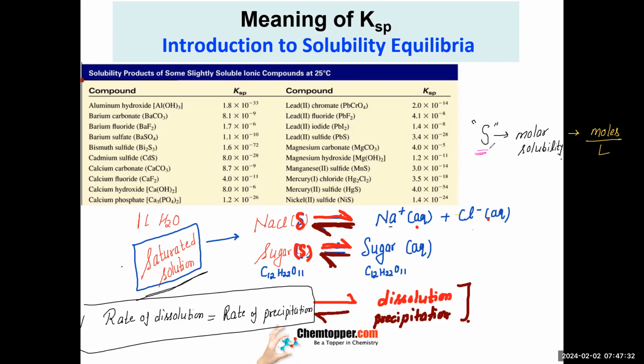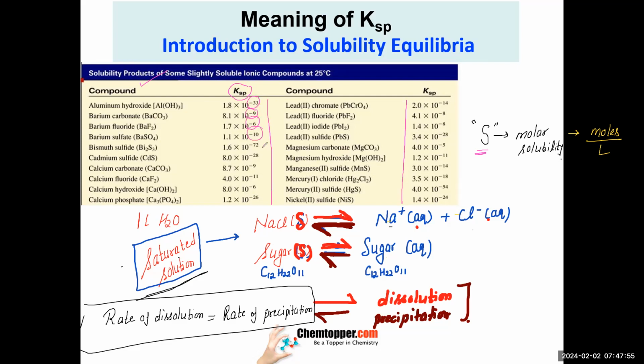But here we are doing mathematics. We are understanding the equilibrium. All of them are ionic solids, you can see in the table. Can you look at their Ksp values? Are these Ksp values greater than 1 or less than 1? Check.